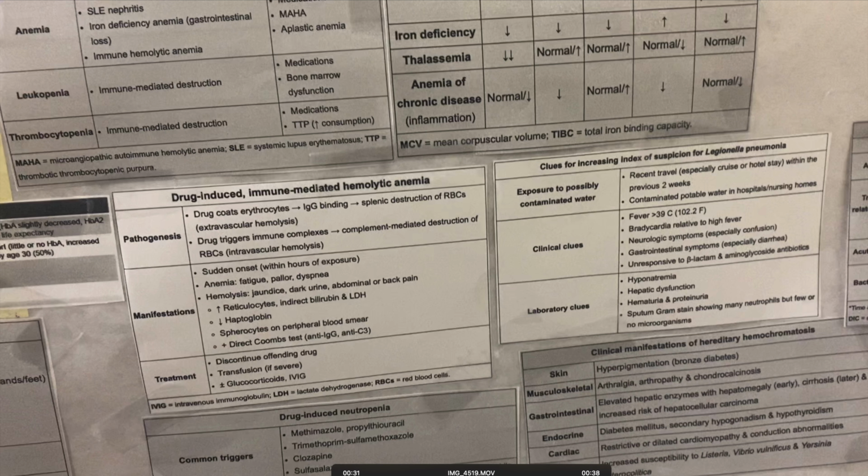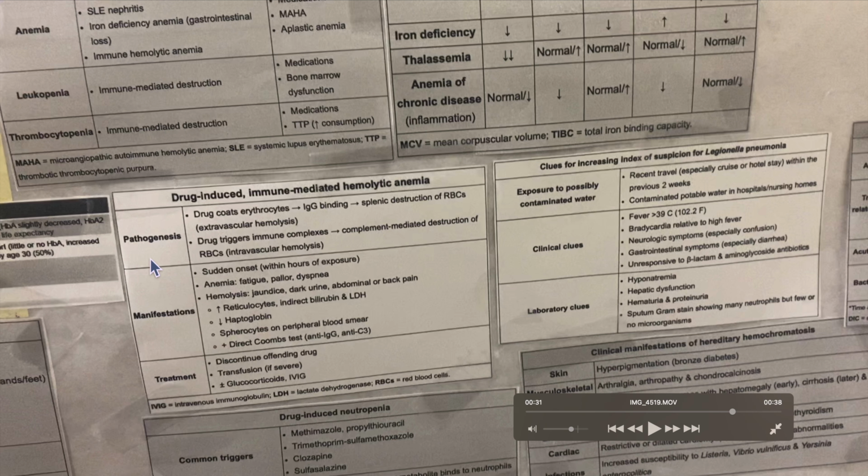Drug-induced immune-mediated hemolytic anemia. Pathogenesis: drug coats erythrocytes, and then you have immunoglobulin G binding, and then when they reach the spleen, there will be splenic destruction of RBCs, extravascular hemolysis. Drug triggers immune complexes, right? So complement-mediated destruction of RBCs, intravascular hemolysis.